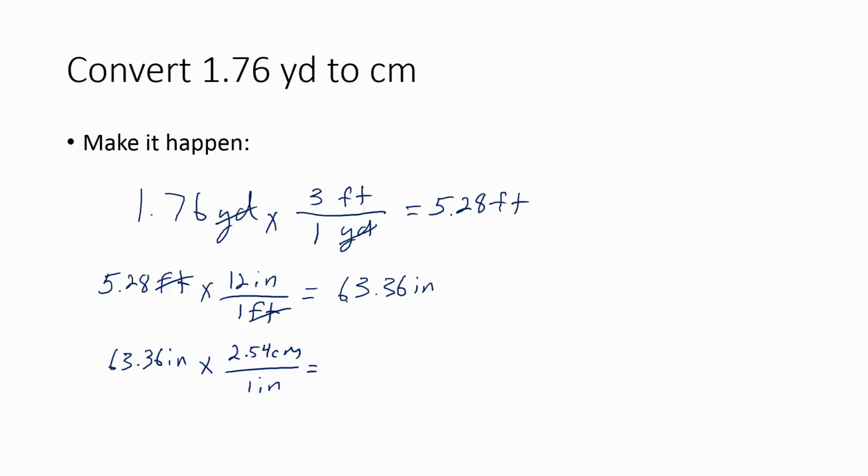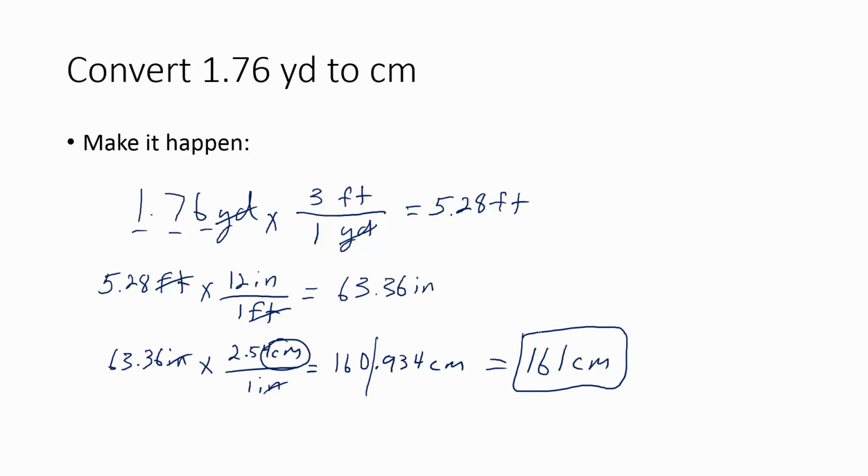And get 160.934, etc. centimeters, because inches canceled out. I'm left with centimeters. And now that we're done, we're in centimeters, so now we round. So we're going to round to the ones place here because we have 1, 2, 3 significant figures. So this is going to equal 161 centimeters. We're rounding up because of that 9.